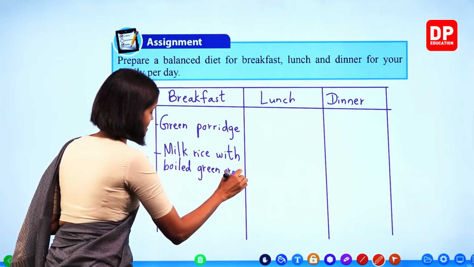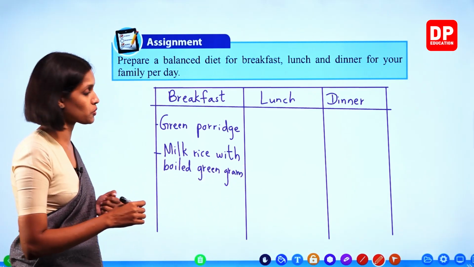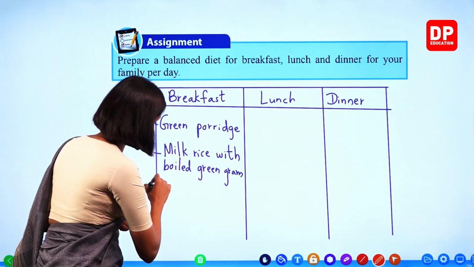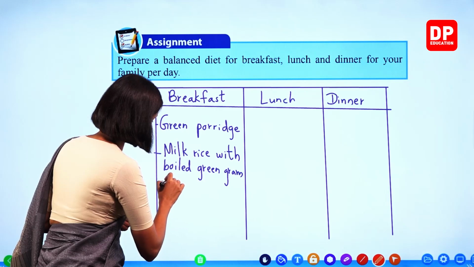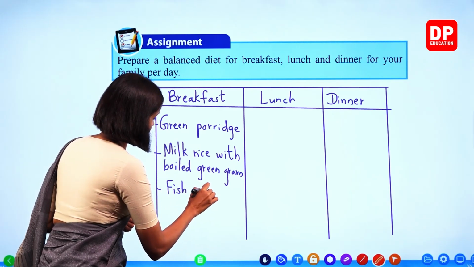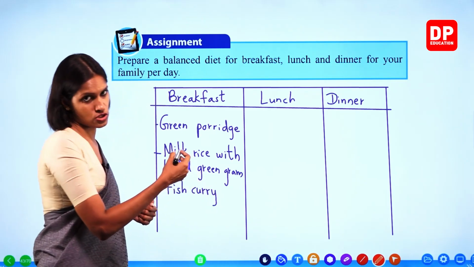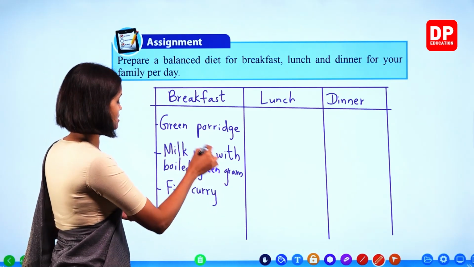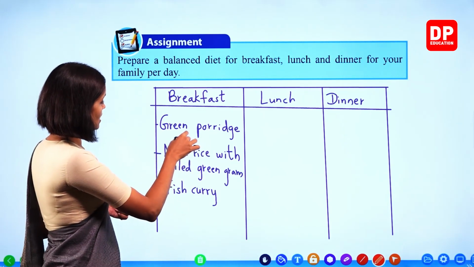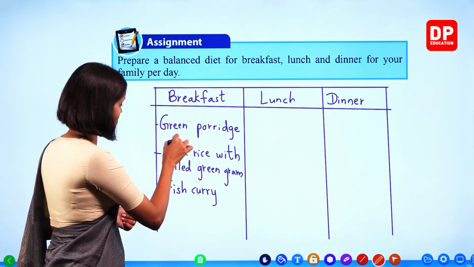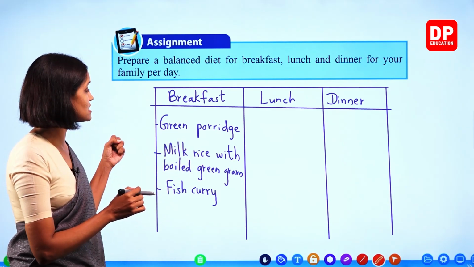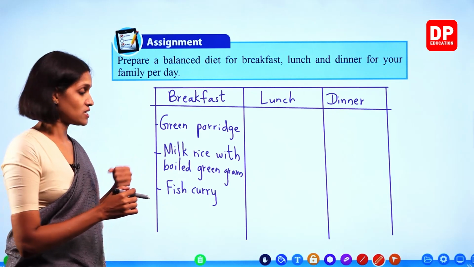Green gram contains carbohydrates as well as proteins. And here we can prepare a fish curry. Lunu miris is also fine, right? Because it is already mixed with green gram, a protein source, we can simply consider fish lunu miris as well. But fish curry contains lipids as well, okay?